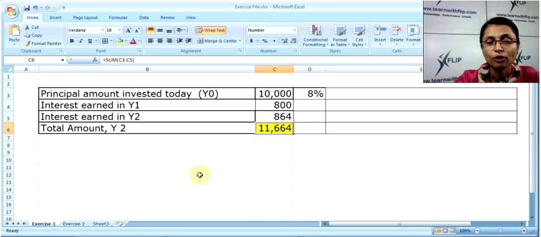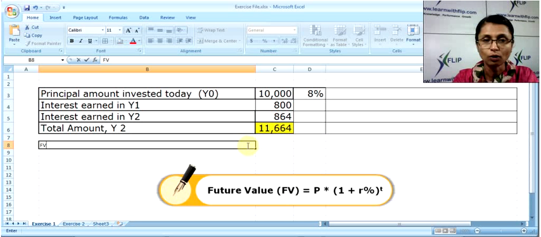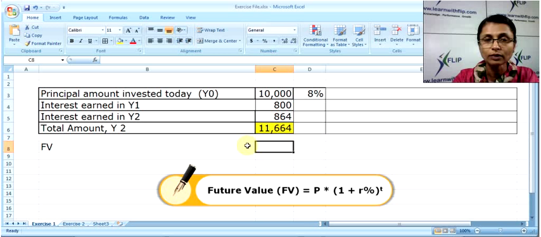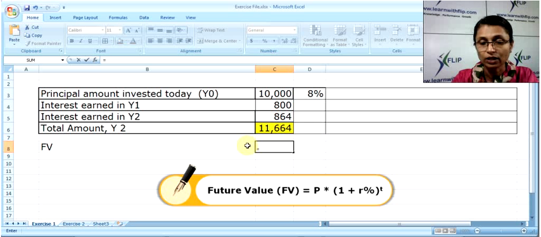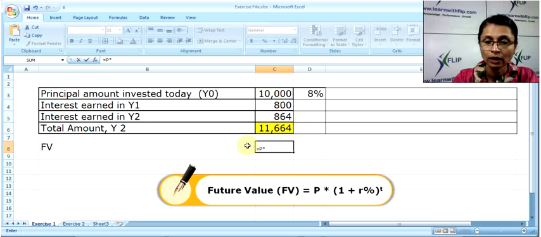Is there a formula which you can use to calculate future value? Sure, there is. So future value, or FV for short, is today's value, or the principal, into 1 plus R. Now R you have to express as a percentage or as 8 by 100, that is either as 0.08 or 8 by 100. Keep that in mind.